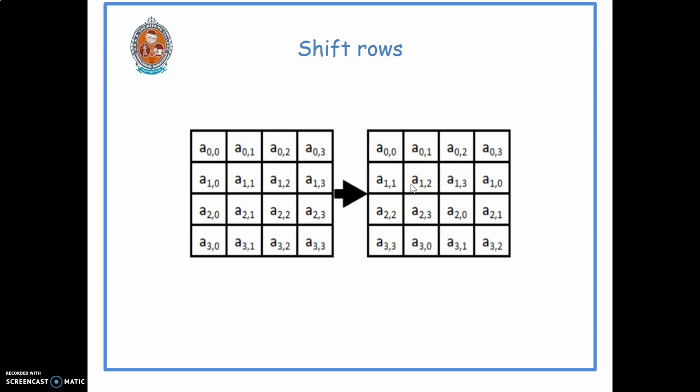In the second row, shift 1 byte position. Here A10, here A11, is shifted by 1 position. In the third row, 2 positions are shifted. And in the fourth row, 3 positions are shifted to the left. Finally, we get the 4 by 4 matrix.